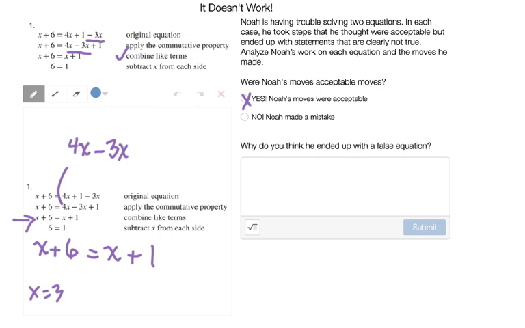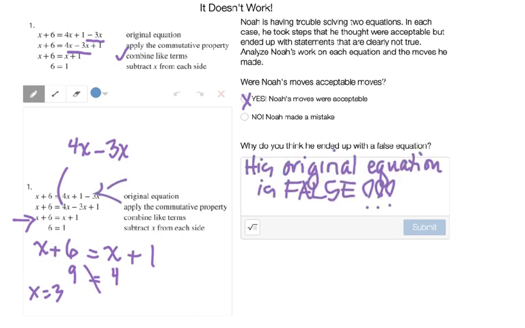So if x is equal to 3, well, we know that's 9 on the left. And if x is equal to 3 on the right-hand side, well, that's 4. That doesn't work either. So basically, he ended up with a false equation because his original equation is not true. His original equation is false.